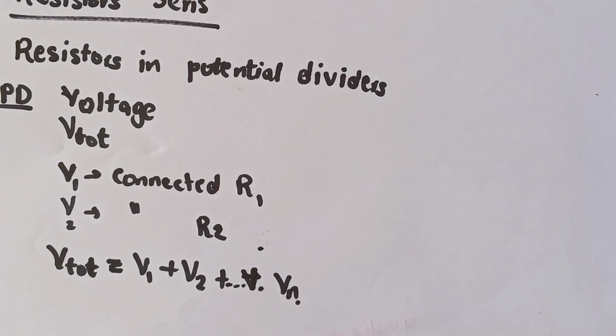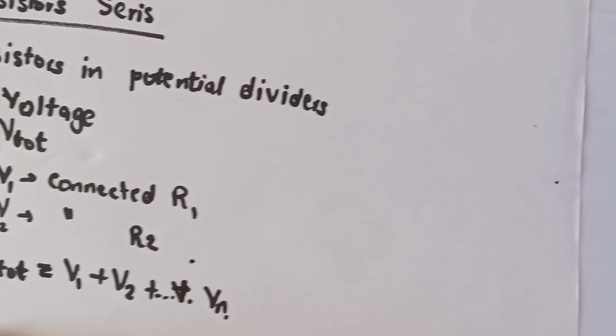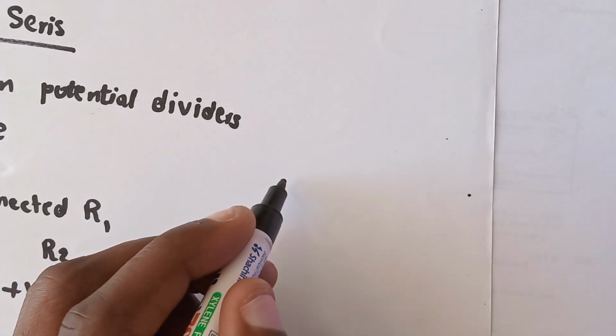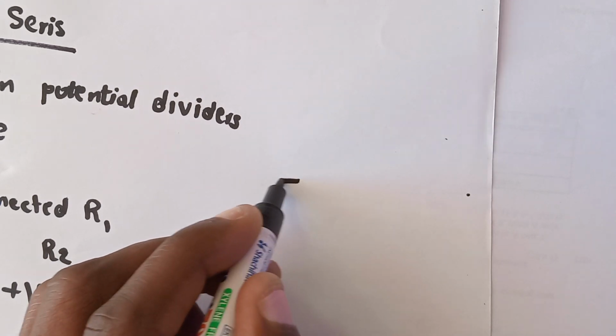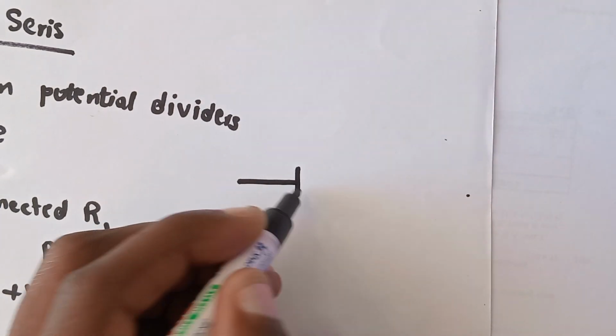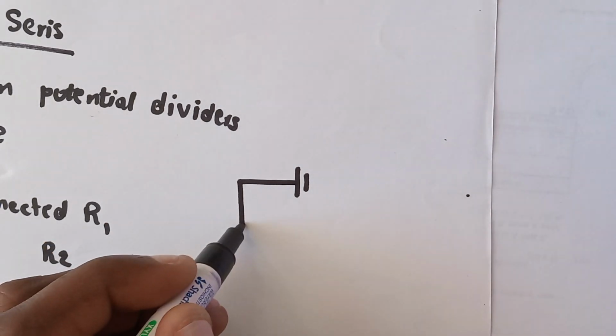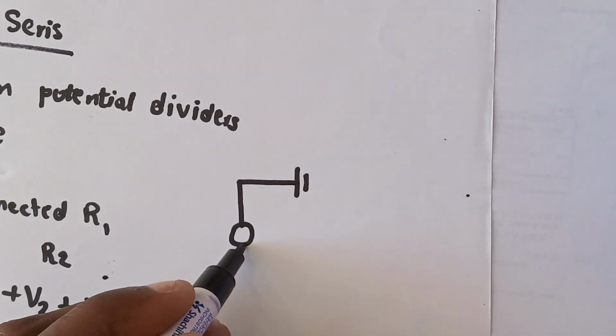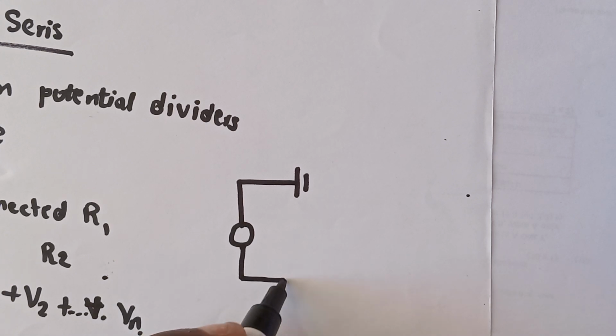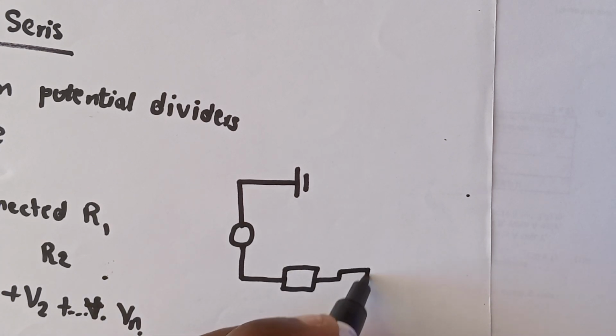It means that resistors that are connected in series divide the potential difference. Let's look at it like this. Here we have our cell, with the positive terminal and the negative terminal, connecting an ammeter, then resistor 1 here and resistor 2 here.